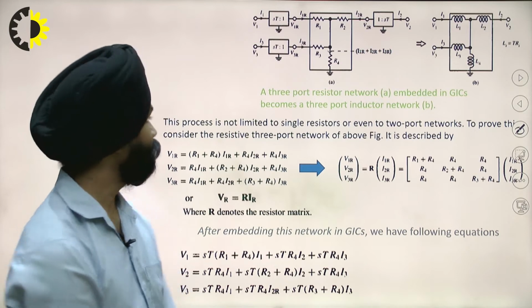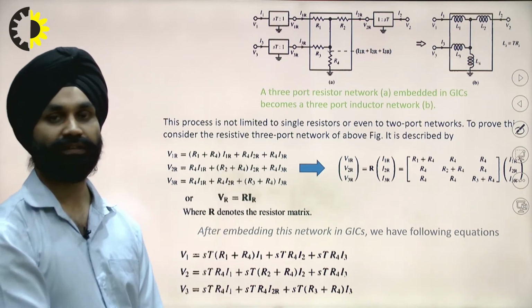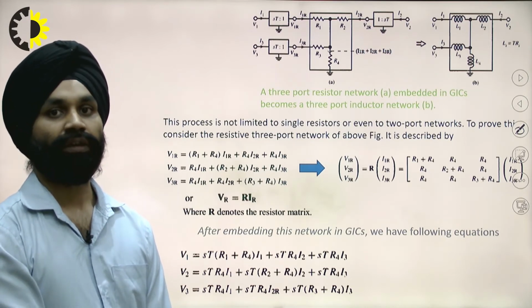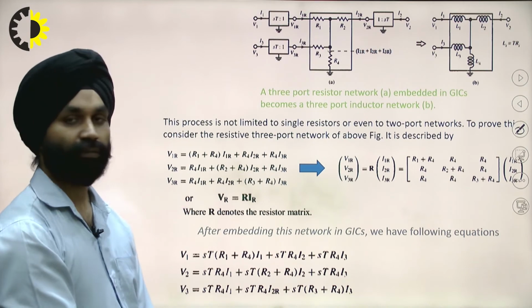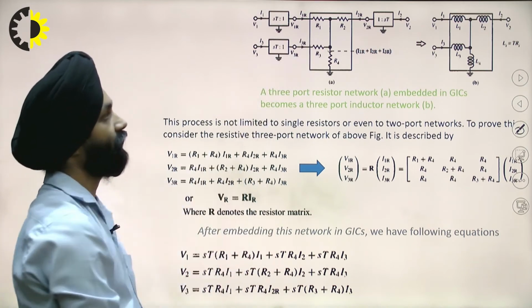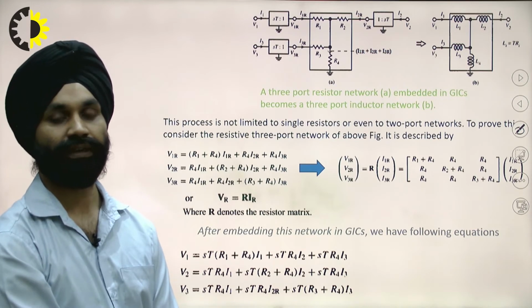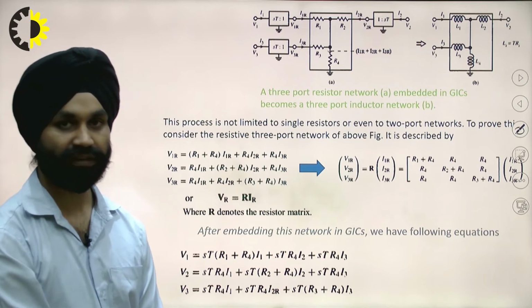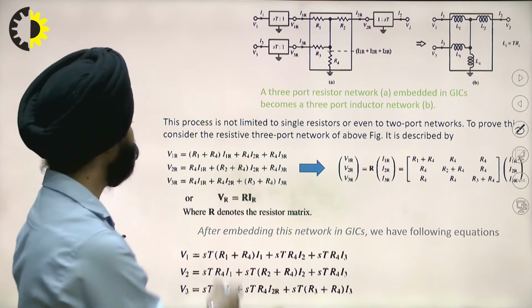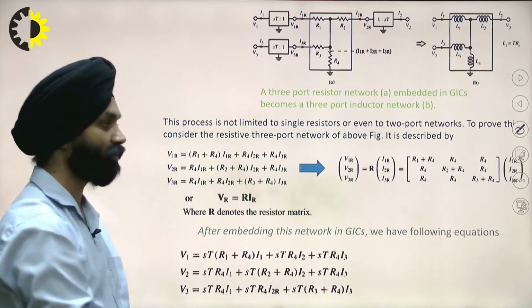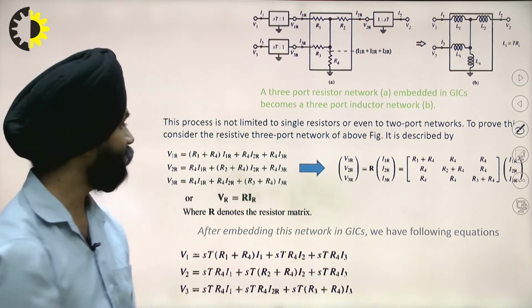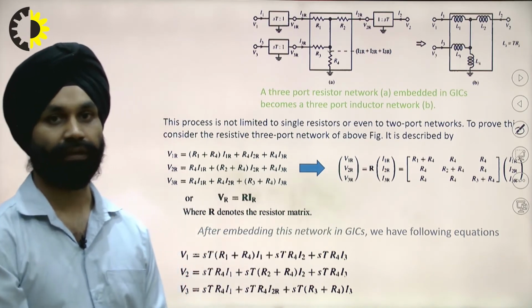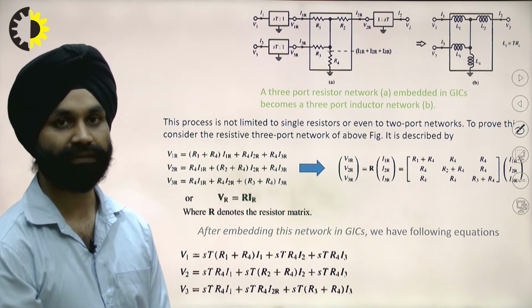So this process is not limited to a single resistor or even to the two-port network. So if we have, let's suppose, more than one port for this network, let's suppose there are 3 ports, 1, 2, 3, then we can have different voltage equation for these 3 ports, which are represented by these 1, 2, 3 equations. In the vector form, we can represent as voltages is equal to resistance into currents in that branch.